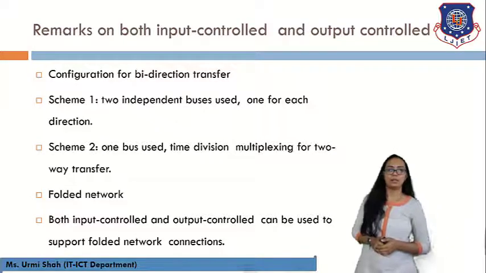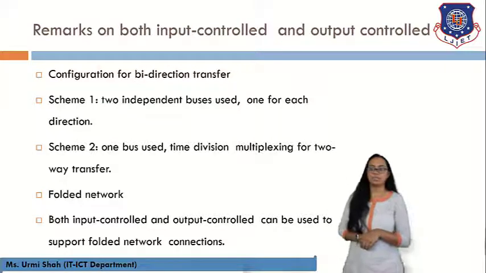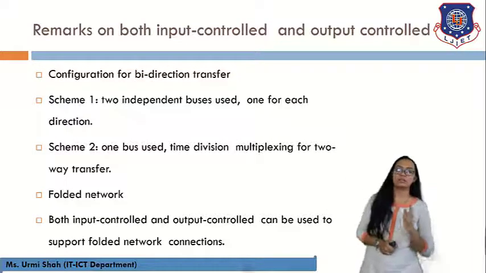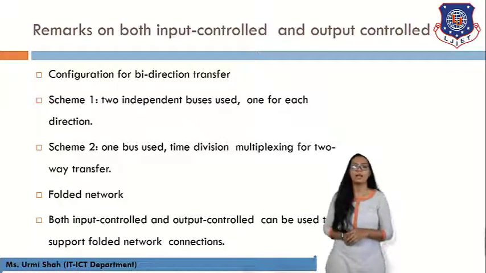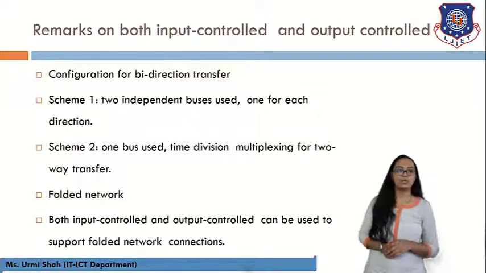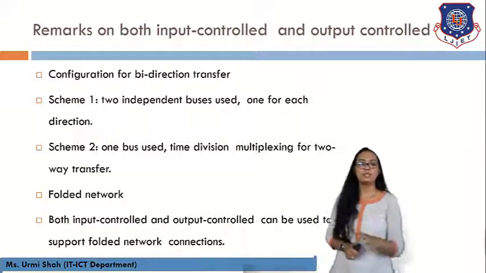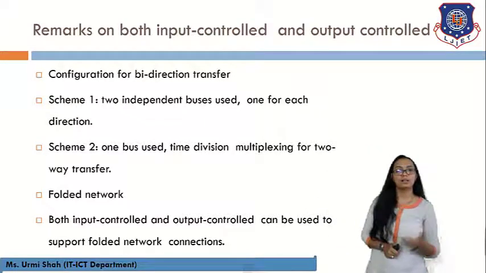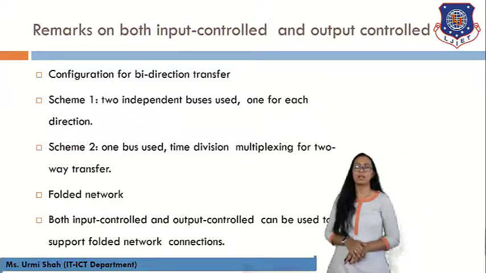So it is a kind of full duplex and half duplex communication scheme. So a folded network structure can be said here. Both input controlled and output controlled can be used to support this kind of folded network connection.